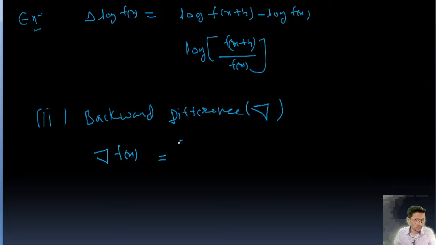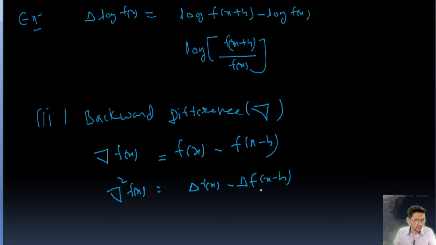So backward delta f(x) is going to be f(x) minus f(x minus h), and similarly backward delta square f(x) is going to be delta f(x) minus delta f(x minus h).